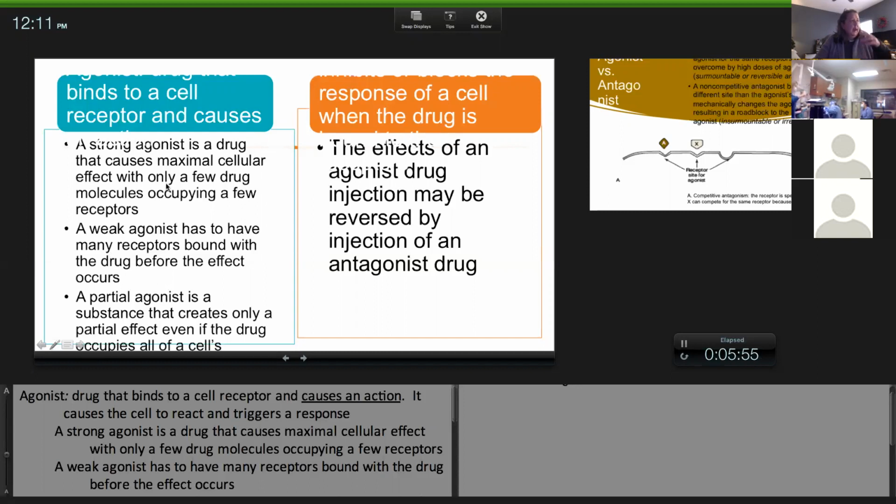So a strong agonist is going to cause a maximum effect. It can be a weak agonist, but then there's a partial agonist, and it creates an effect only partially. When we talked about buprenorphine being a partial agonist, it doesn't go to each opioid receptor and cause that effect.